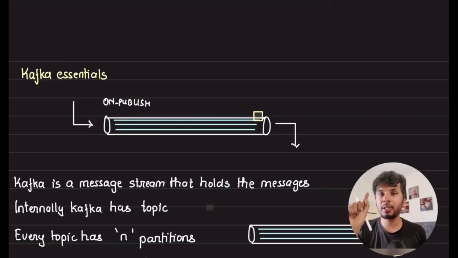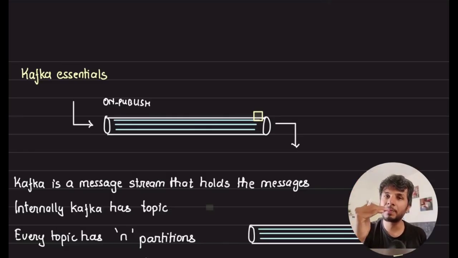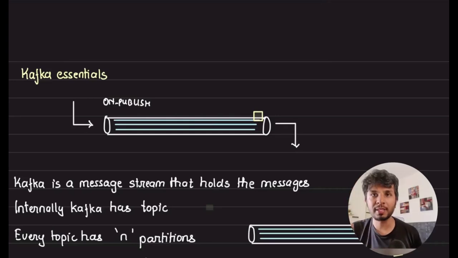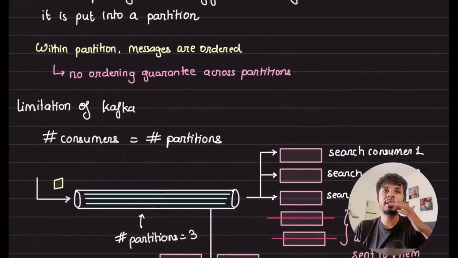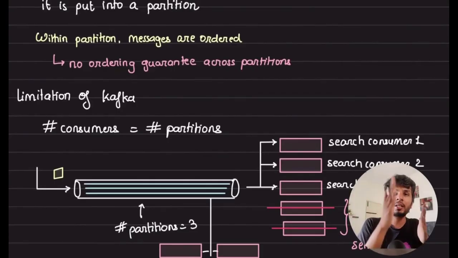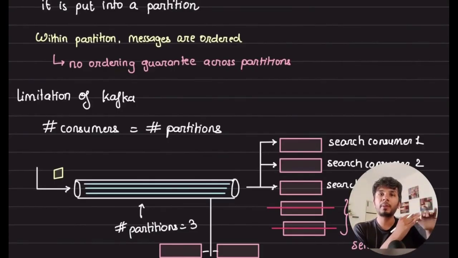Depending on that partition key, it goes and sits into one of the partitions, right? Partitions are limited. Let's say 3 partitions, but 3 partitions can handle 1 million unique users, right? So now each partition has the responsibility of, let's say, 333,000 messages, right? Now each different type of consumer can iterate through Kafka at their own sweet pace.